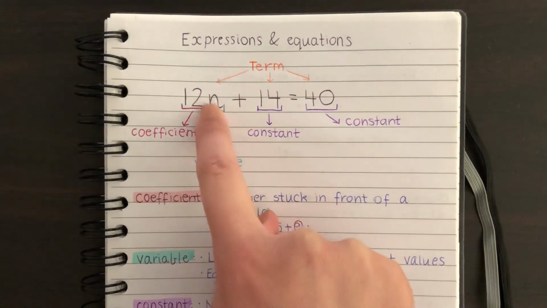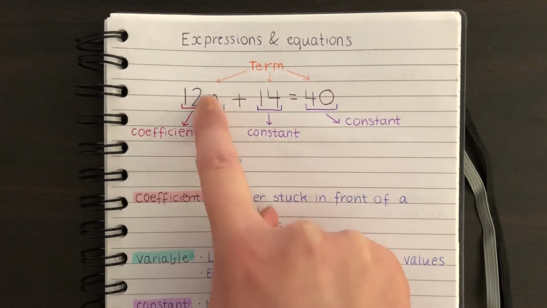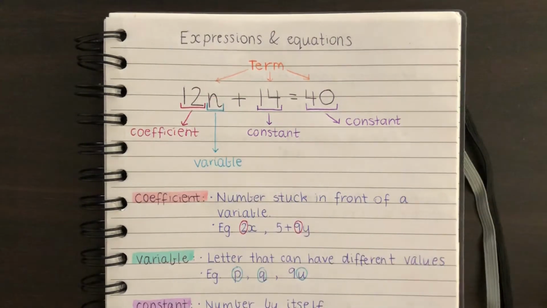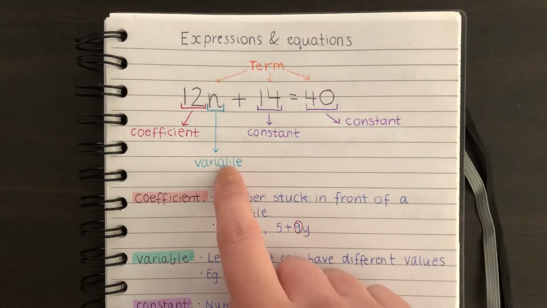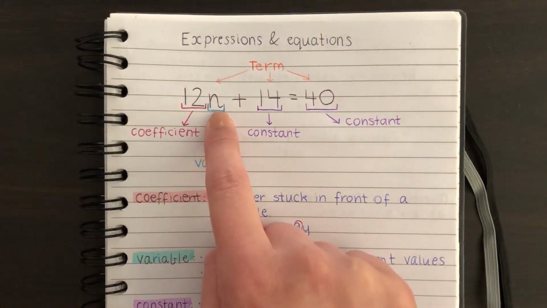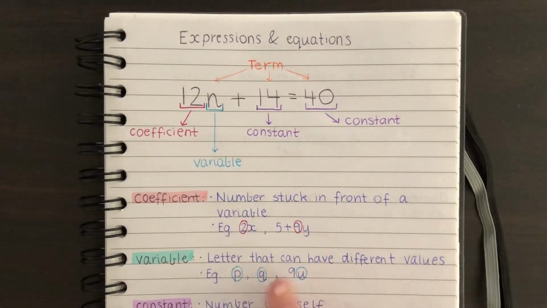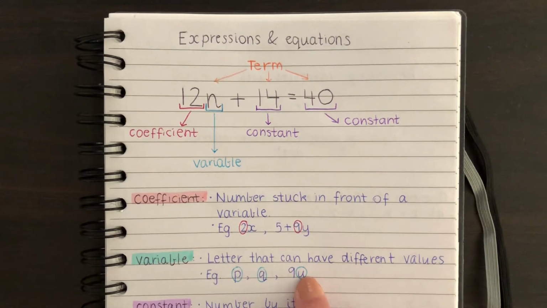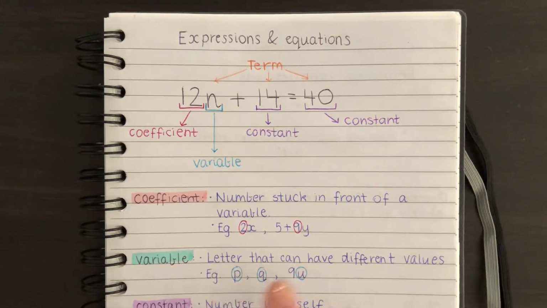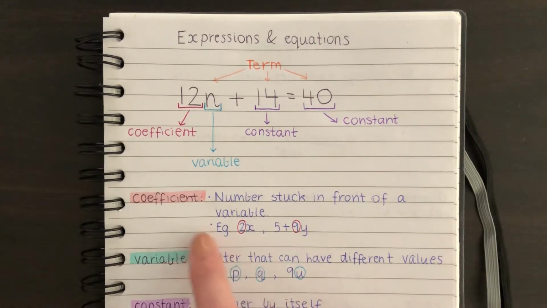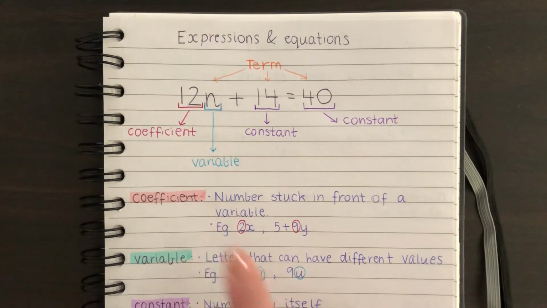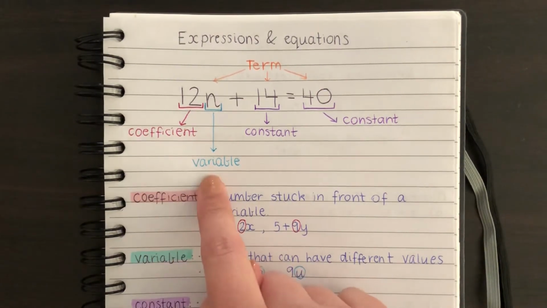Any value or any number can be substituted into this n to let it equal something else, okay? But a variable is just a letter, okay? In this case, n. Here I've got some other examples as well. I've got p, q, and then if we had 9u, just the u part would be a variable, okay? The 9 would be a coefficient, okay? So they're coefficients and variables.